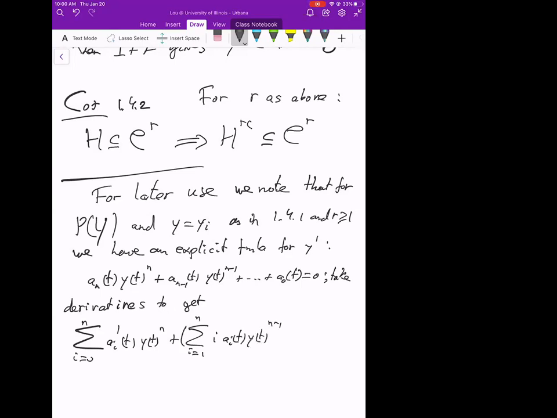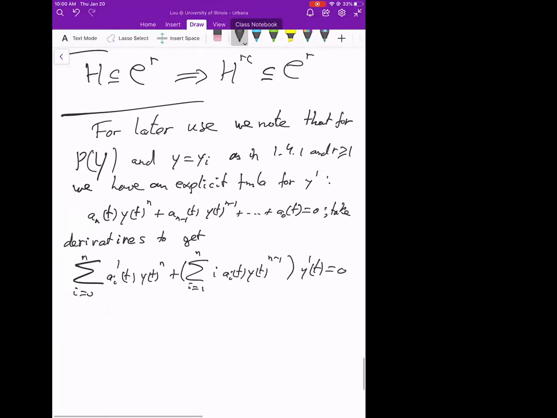Oh, and this whole thing multiplied by y prime(t) equals 0. And now this is simply this partial p with respect to y(t), comma y(t). And we know that this is not 0 because we are talking about non-singular. This is not 0 for big enough t.